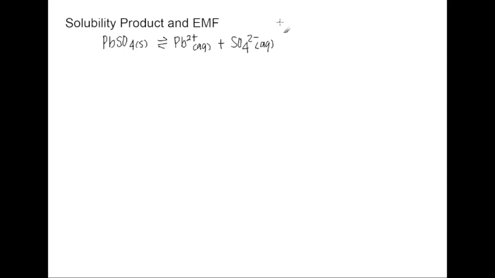So the first step is to look at your standard reduction potential table and determine which half cells would lead to this reaction.